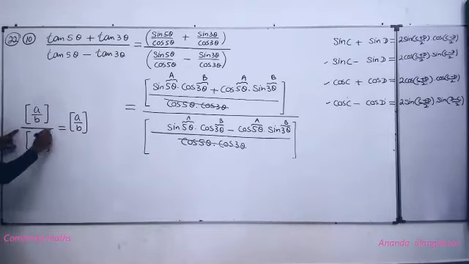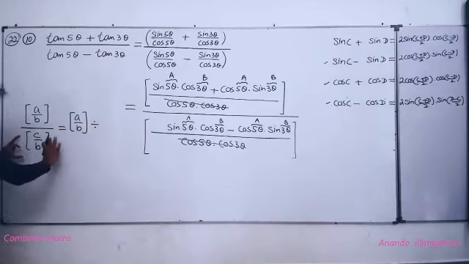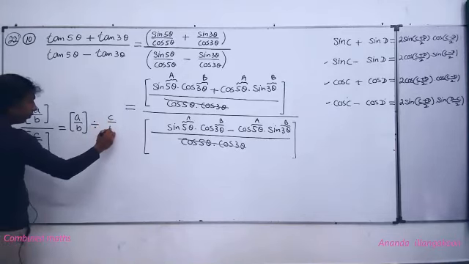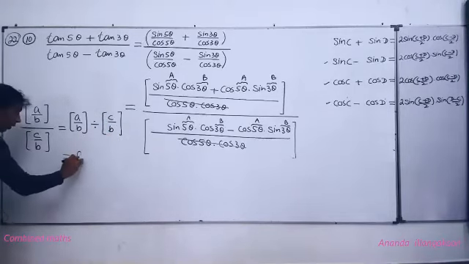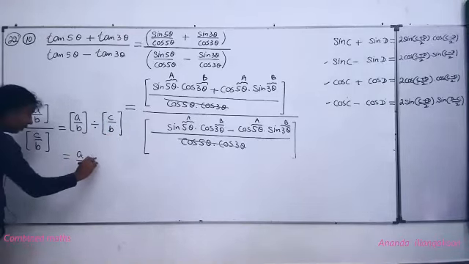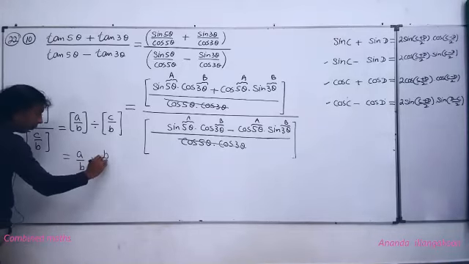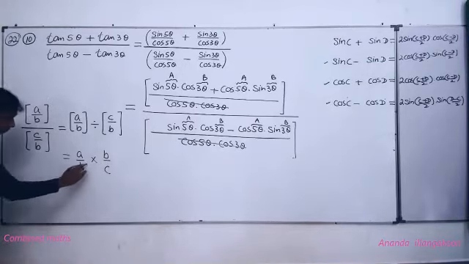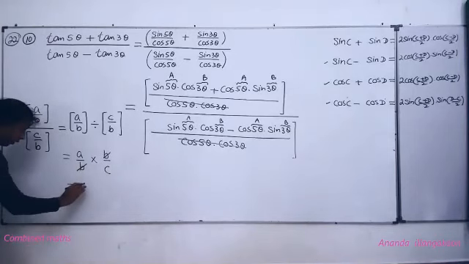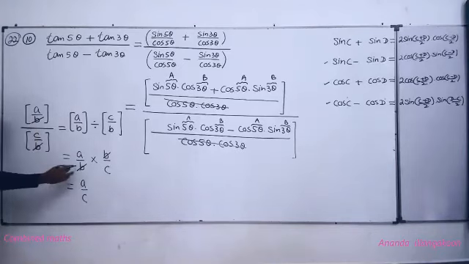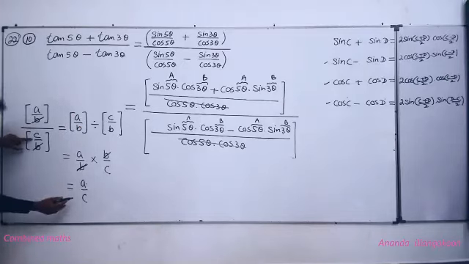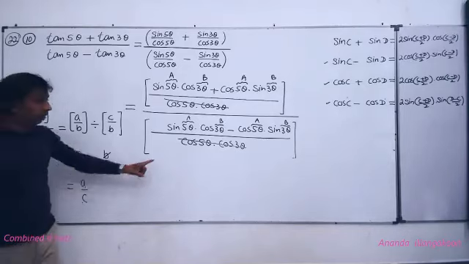This line means division sign, divided by C divided by B. Right. Now, A divided by B, this division I can write as multiplication, B by C. Then this B and this B you can cancel down. What do you get? A upon C. To get this answer very easily without following this way, you can very easily cancel down this and this here. These two cancel. The same answer, A divided by C. Like that, we can cancel down these two.